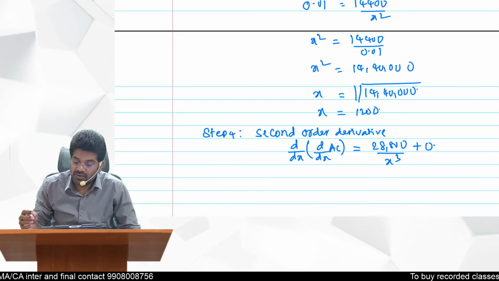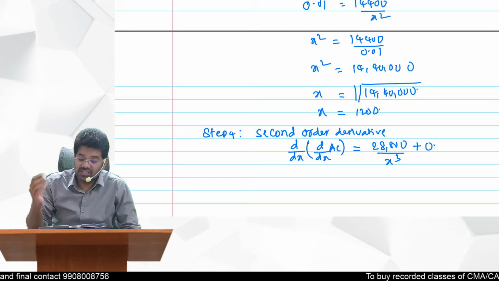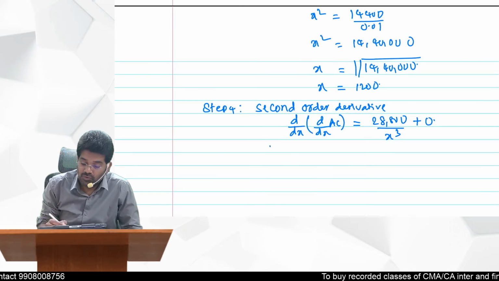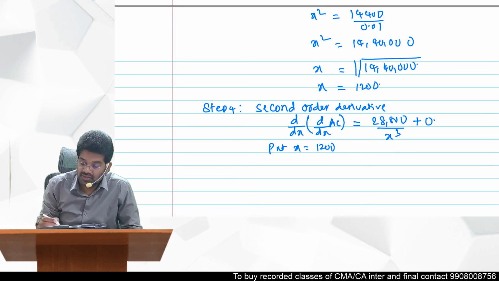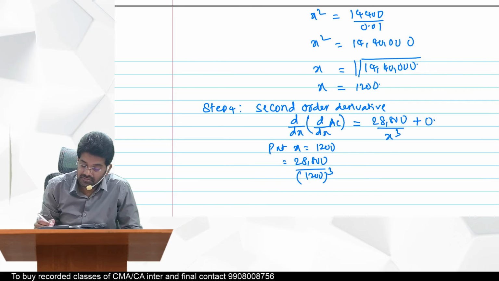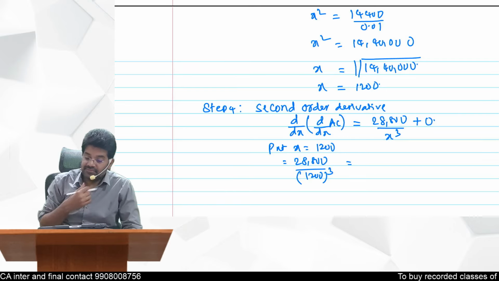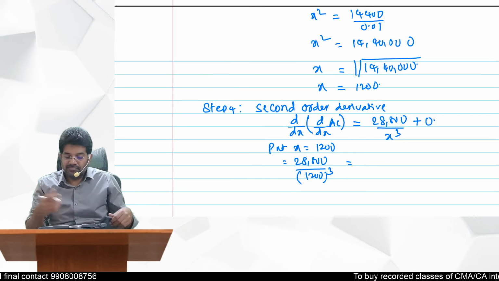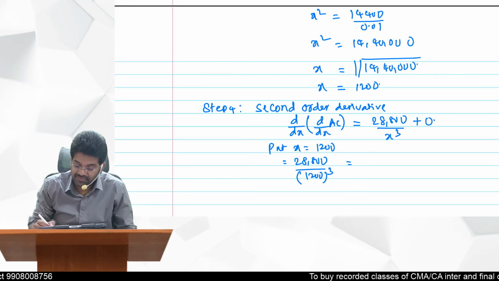So we have 28,800 divided by x power 3 plus 0. Now put x is equal to 1200 in the above equation: 28,800 divided by 1200 power 3. What is the value of this? Definitely a positive figure only, no? So this is definitely greater than 0.